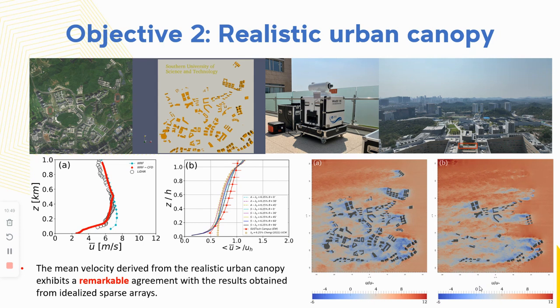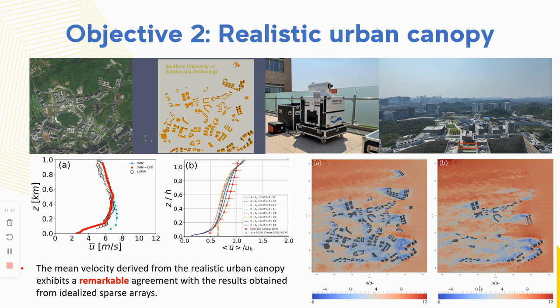But if we use the meso-scale to micro-scale coupling method, we can diminish this difference and show quite good results, which means the future is not just to use this kind of urban canopy model, and we can compare the meso-scale model with the micro-scale model and get very right results.